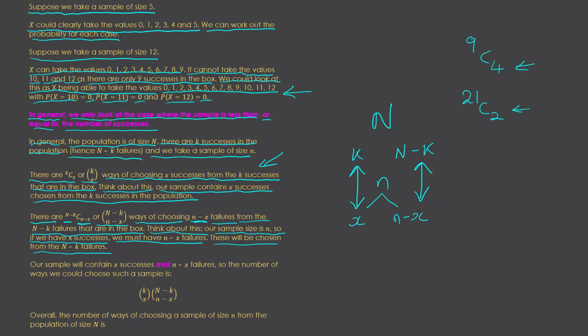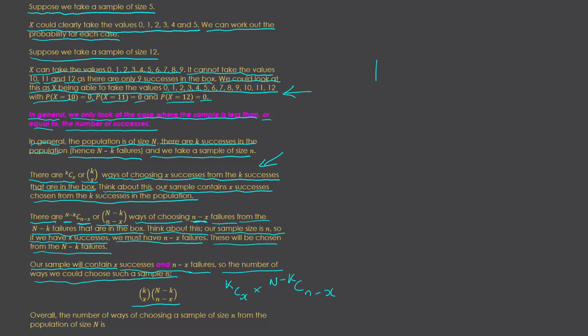Our sample will contain x successes and n minus x failures. So the number of ways we could choose such a sample is kCx times (N minus k) C (n minus x).